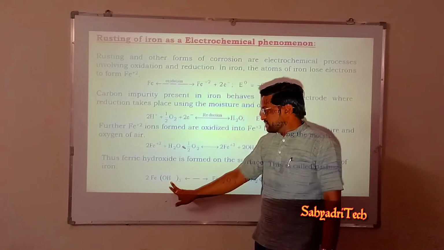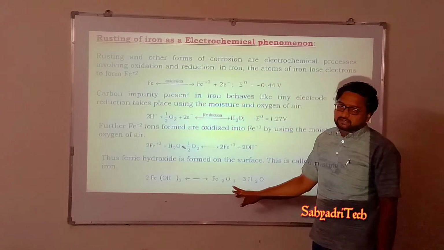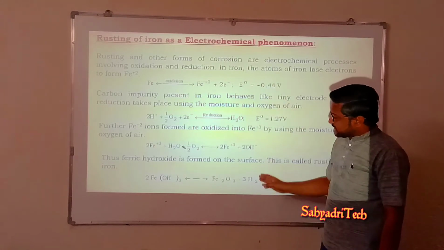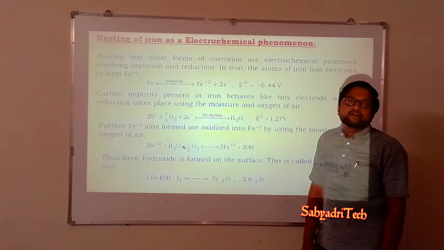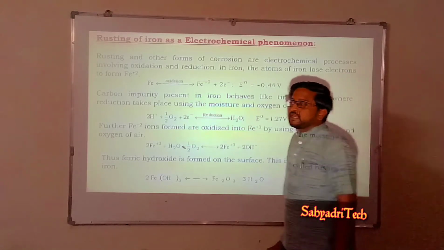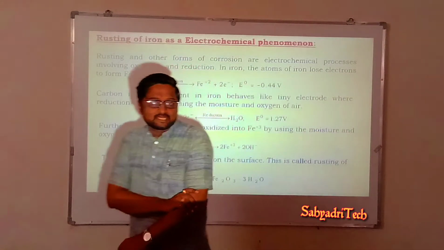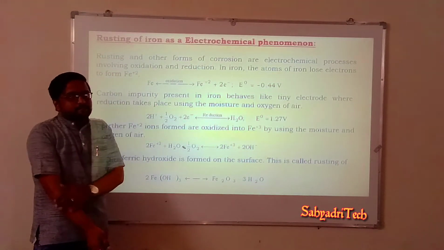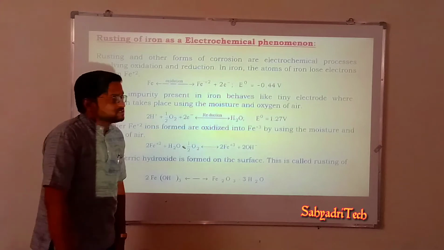This ferric hydroxide is further converted into ferric oxide, that is hydrated ferric oxide. So this is the reaction involved during rusting of iron. It is one of the important concepts: rusting of iron as an electrochemical phenomenon. Well, I hope you understood this.